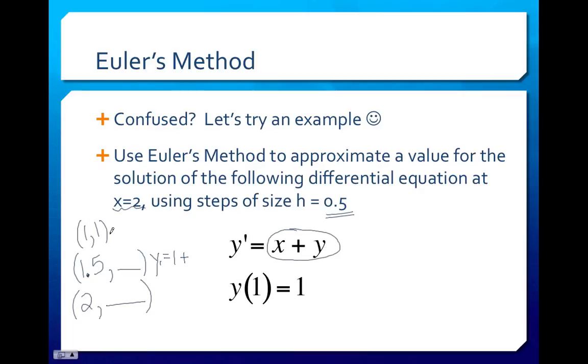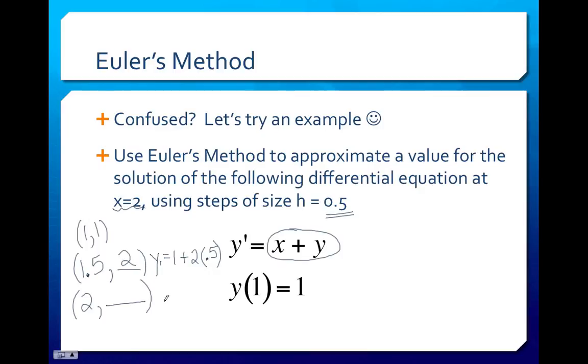So when the point is 1, 1, the slope is 1 plus 1, which is 2, times the change in x from here to here. But that's just my step size. Over here is always just going to be my step size, 0.5. Okay? So this gives me 1 plus 2 times 0.5, which is 2.